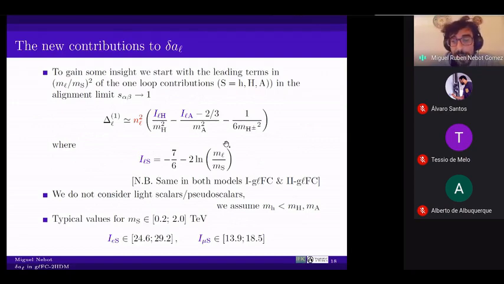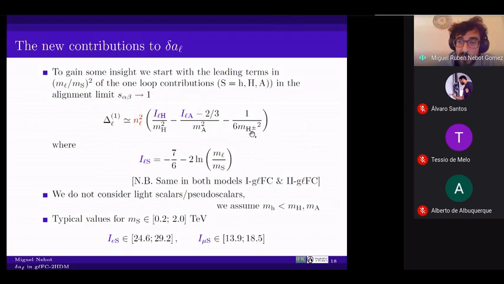The extra ingredient is that we are assuming that these new scalars are heavier than the Higgs. There are alternate situations in which you can try to address those anomalies with light scalars. This has different complications, and the constraints you need to consider are different. But here we are focusing on a very simple situation in which the Higgs is lighter than the other scalars, period.